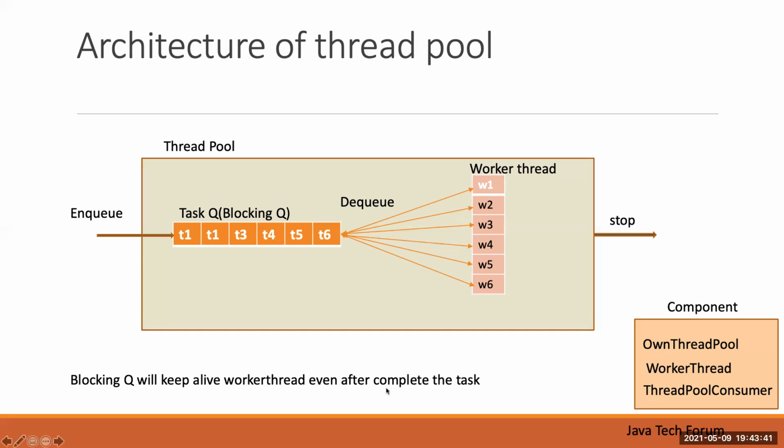Then the thread pool consumer: how to consume this newly created thread pool. That is the thread pool consumer class. These three classes I'm using for my example.